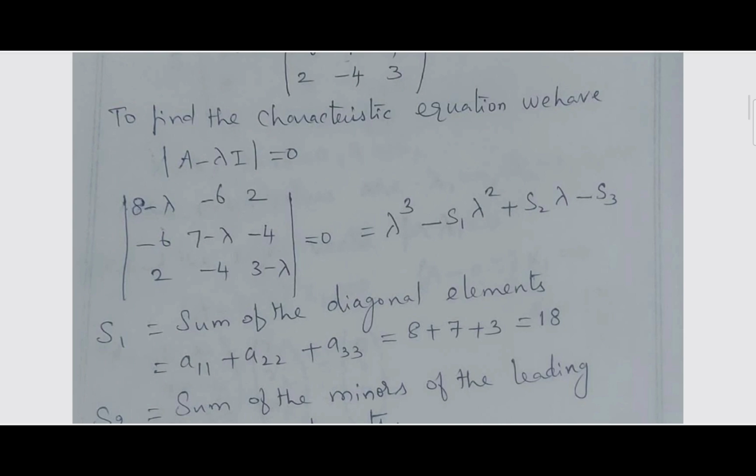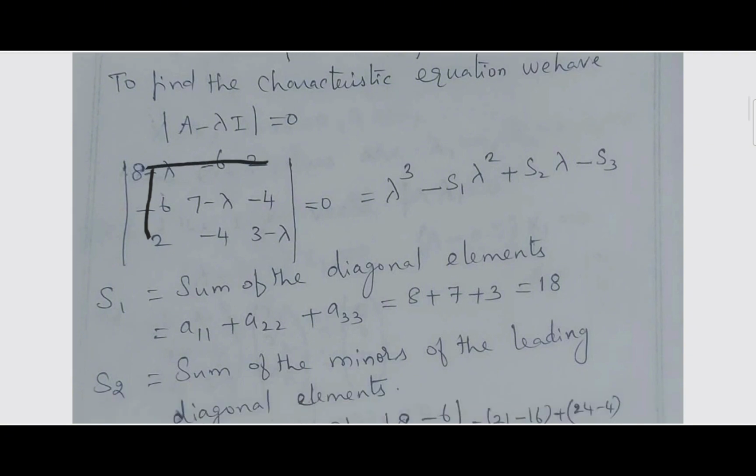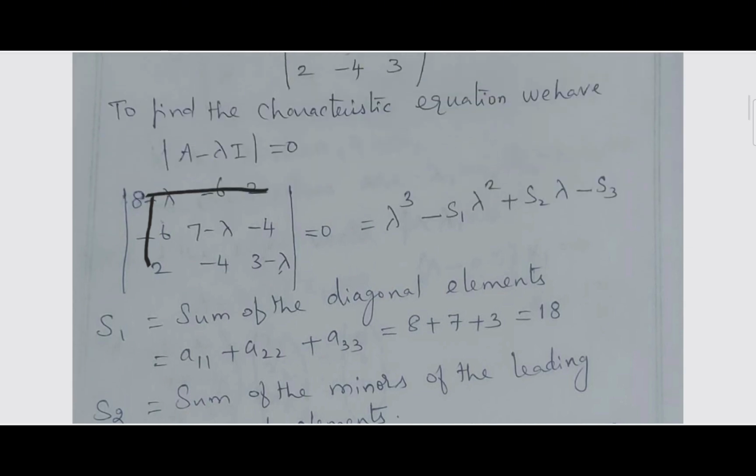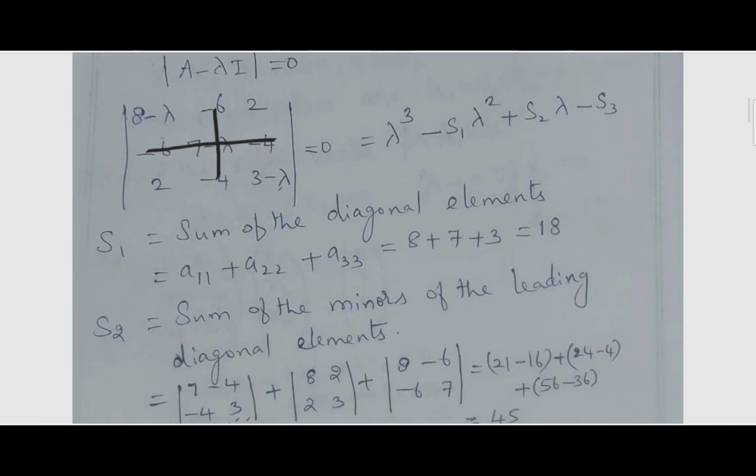How to find the minors, I told you already. For the first diagonal element, you have to delete the respective row and column, and take the determinant of the remaining matrix. That's why I have written 7, minus 4 and 3. Similarly, for the next leading diagonal element, you delete its row and column and take the remaining: 8, 2 and 2, 3.